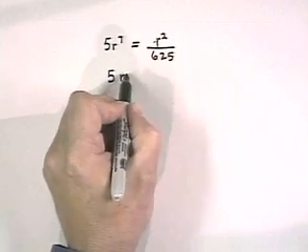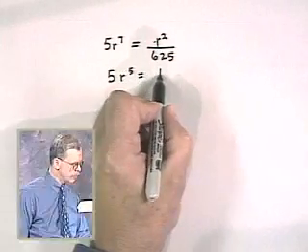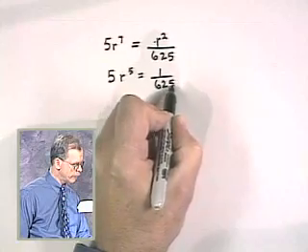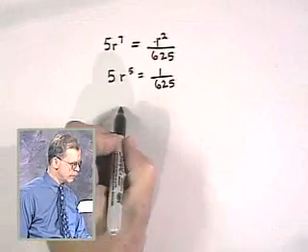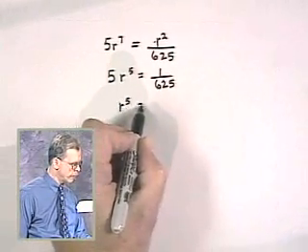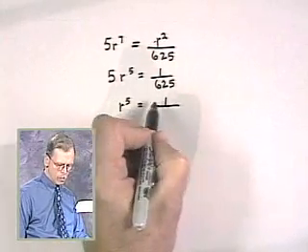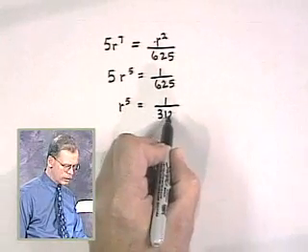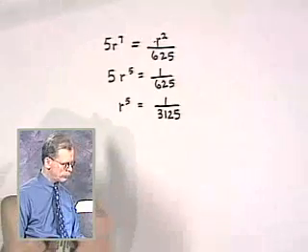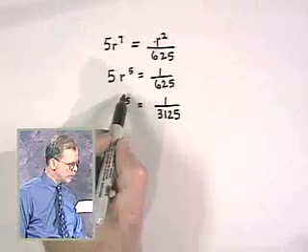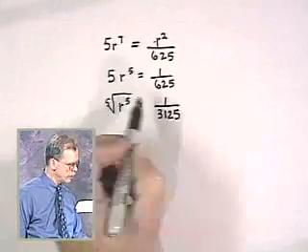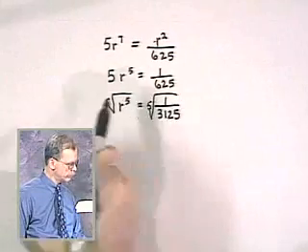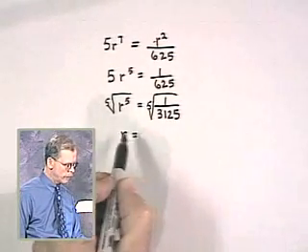That will give us 5r to the 5th equals 1 over 625. And divide both sides by 5, and r to the 5th equals 1 over 3,125.